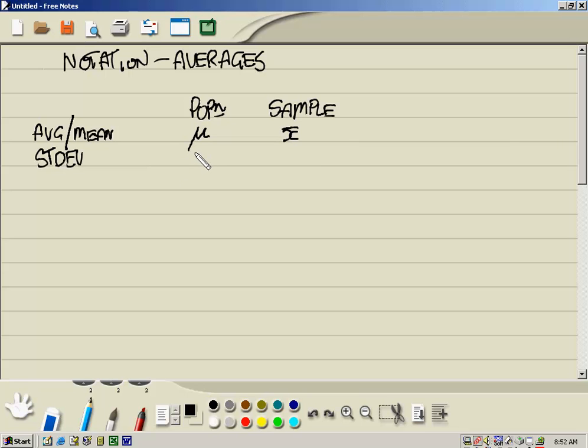Population standard deviation, the true value, which we saw in 214, is the Greek letter sigma. The sample standard deviation is the Roman letter S. We also care about the size of the sample, not the population really. So we'll leave the notation off, but the sample size is given by n.